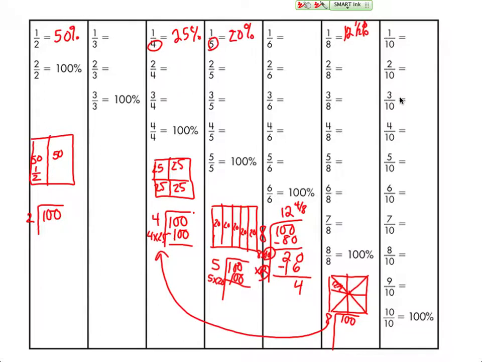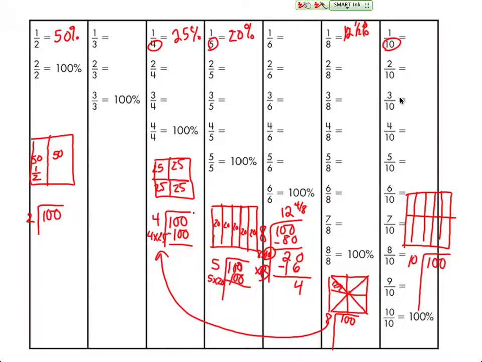So 1/8 would be equal to 12.5%. And then 1/10. If I have a whole thing, the bottom number tells me I need how many equal parts? Elise? 10 equal parts. So if I have 5 equal parts, 1, 2, 3, 4, 5, I can just cut those in half, right? So what I'm saying is I want to divide 100 into 10 equal parts.